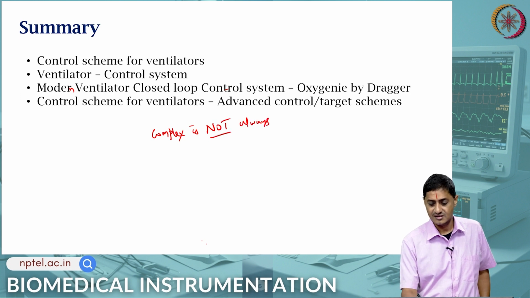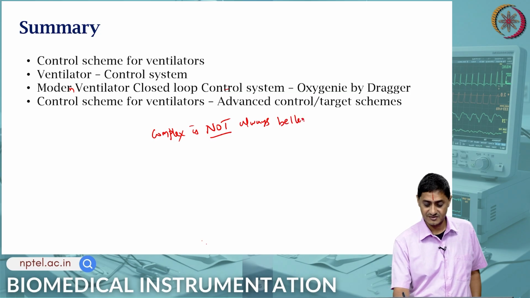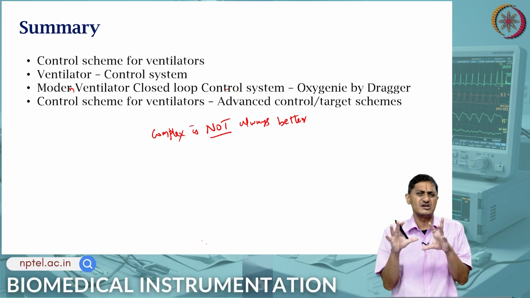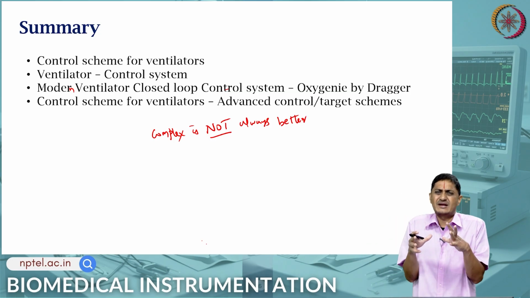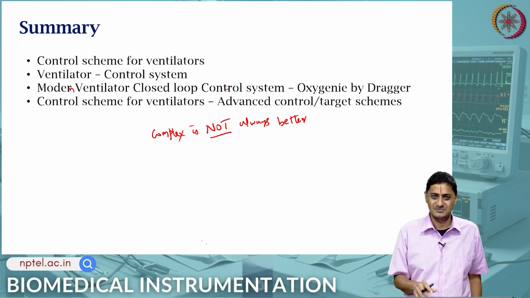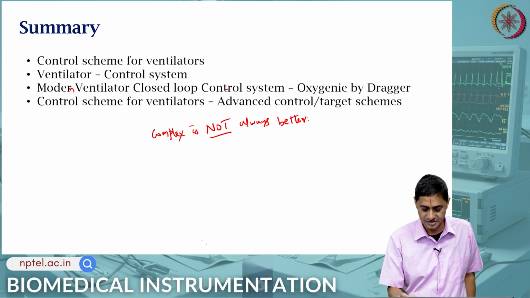Sometimes simplicity wins. Just because a control system is AI and a very complicated, adaptive fuzzy logic control system, doesn't mean that it's a better system. Sometimes simplicity beats complex systems, hands down.